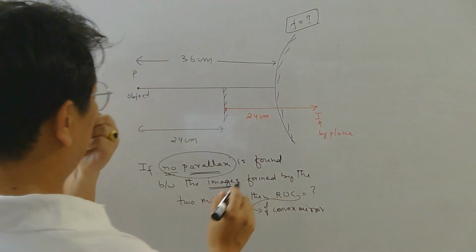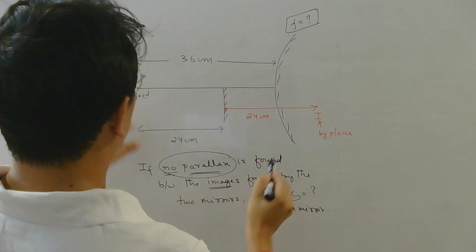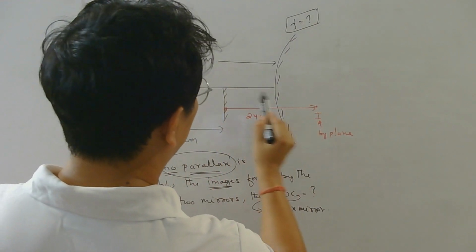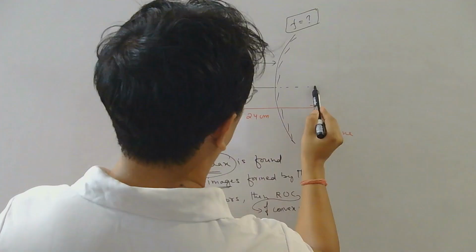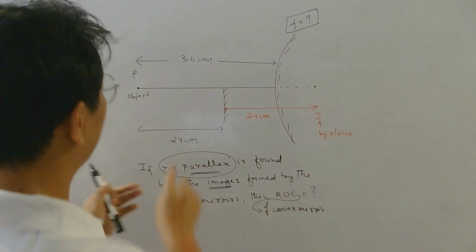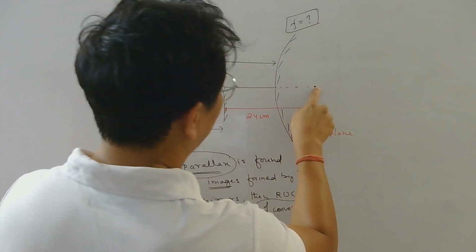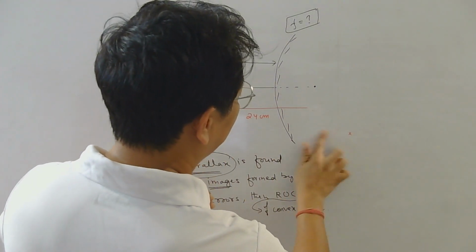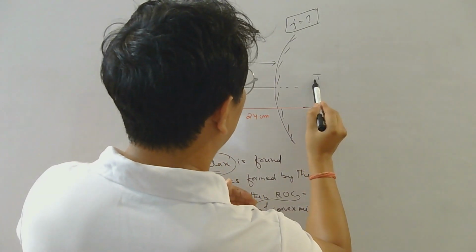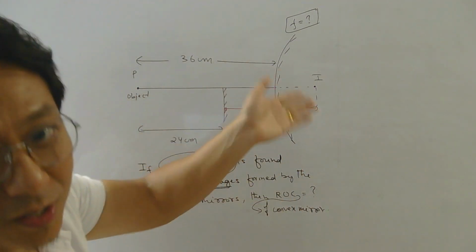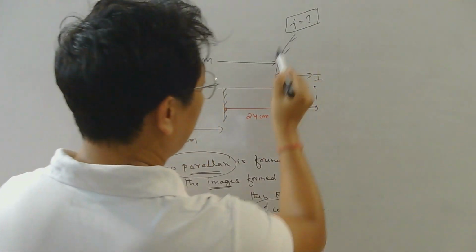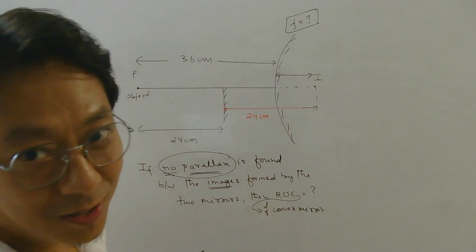Now for the convex mirror, this is the object, light is going this way, and the image should be formed here itself, the same distance behind. Why did I draw it here? If the object is here, the same distance behind means here, right? The distance will be this only. So this is the image. And since both images should be here, this is also the image distance for the convex mirror.